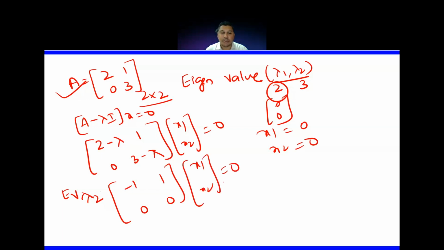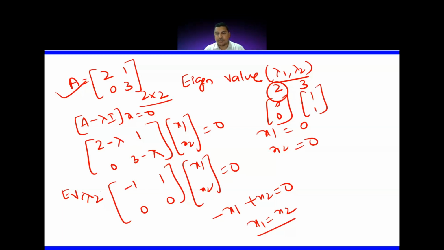Again if you solve here, this equation becomes minus x1 plus x2 equal to 0. So x1 equal to x2. When x1 equals x2, it can take any value. If you take x1 as 1, then 1 can be the eigenvector for this. You can take any value for x1 x2, but we have to generalize it.